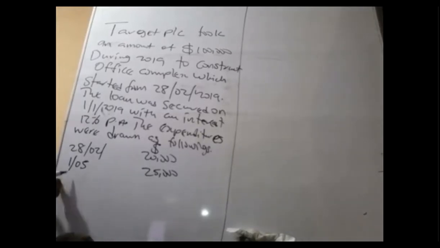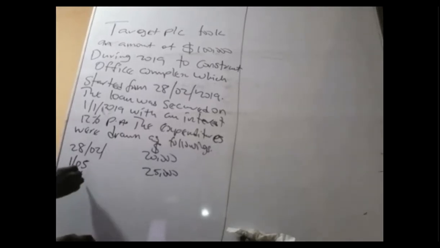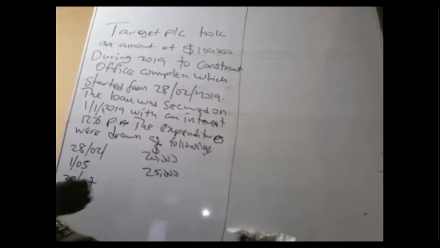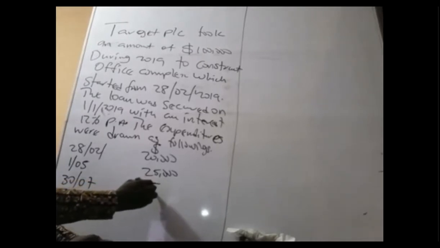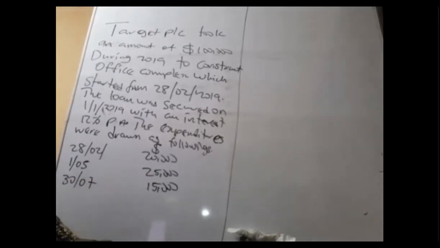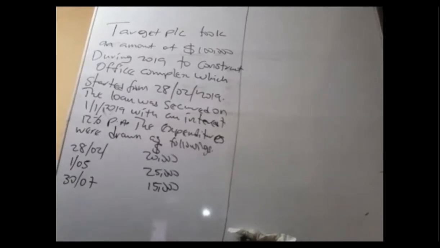On 30th of July, we give the contractor 15,000. So that'll be 45, 60.